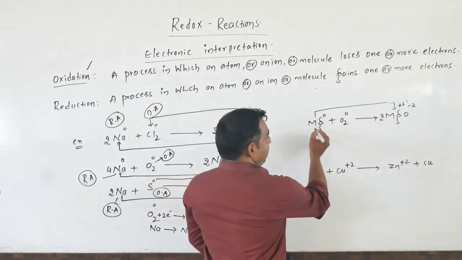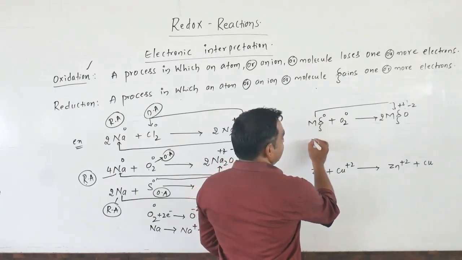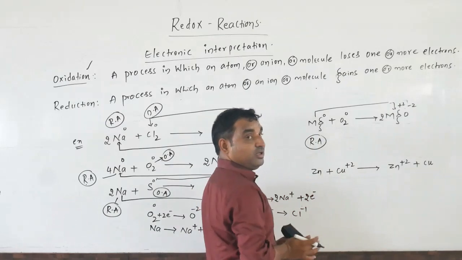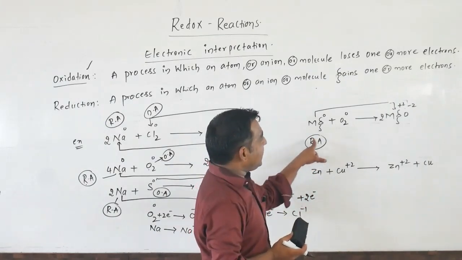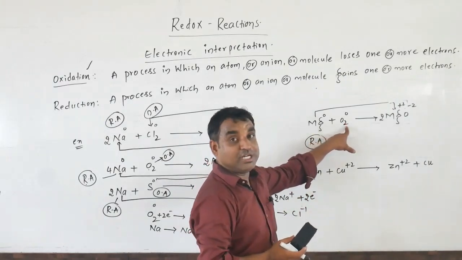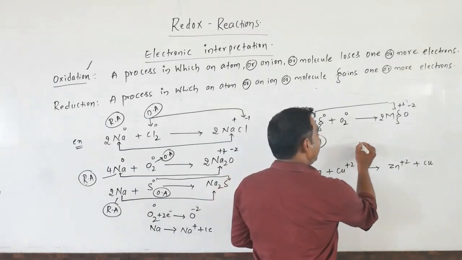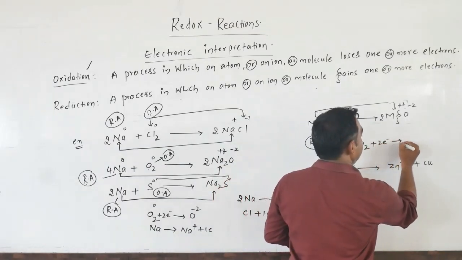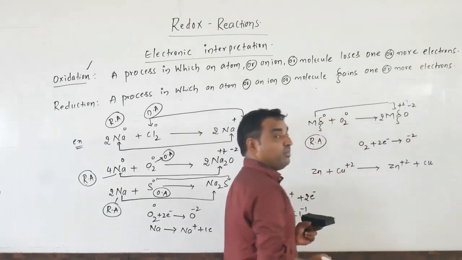So now magnesium is called a reducing agent. What does it do? It reduces someone else, that is, it reduces oxygen by gaining of 2 electrons, so oxygen becomes O minus 2.